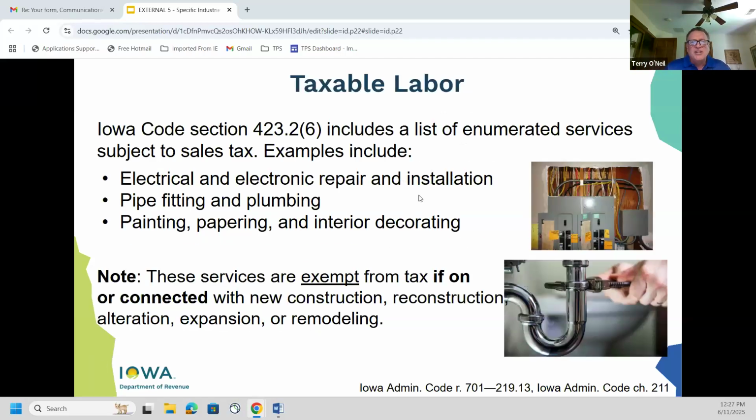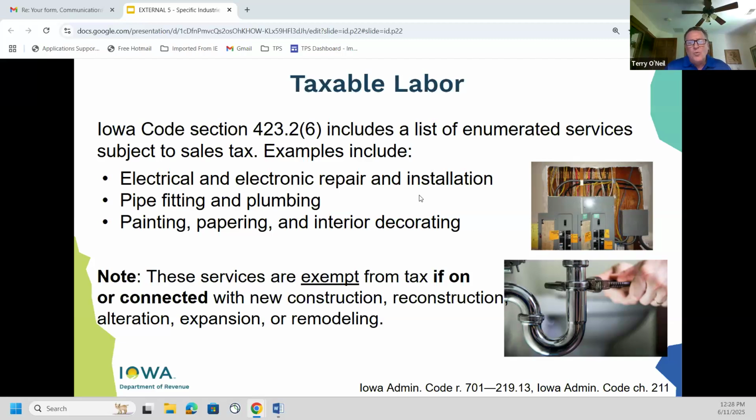I just wanted to expand just a little bit. Matt touched on this earlier in his section when it comes to taxable labor. And Iowa does tax certain labor for Iowa sales and use tax purposes. Now, the way that this works is all labor and services are exempt from tax unless they are enumerated in the Iowa code.